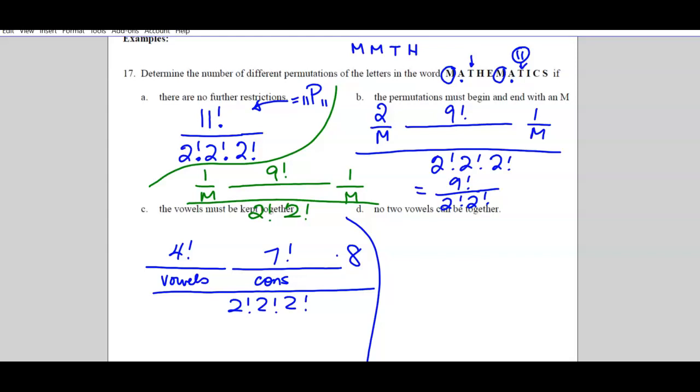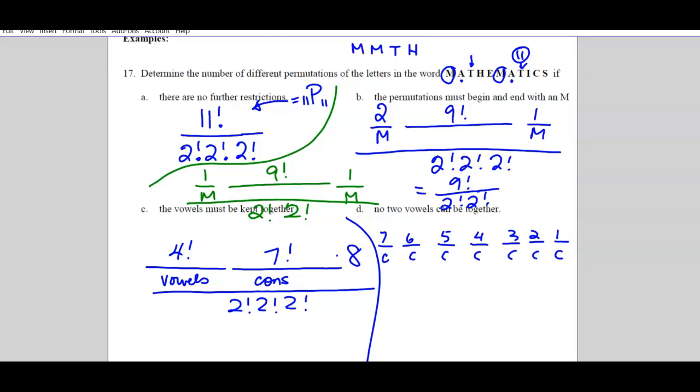So we want to, if there's 4 vowels, there's 7 consonants. So 1, 2, 3, 4, 5, 6, 7 over there. So these are consonants. So that's going to be 7 factorial, right, for the consonants. Again, let's assume that there's no repeats to start.